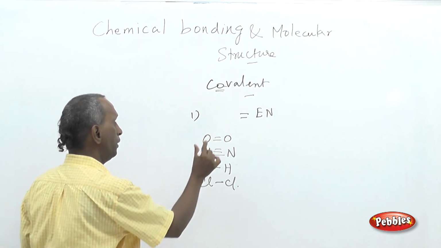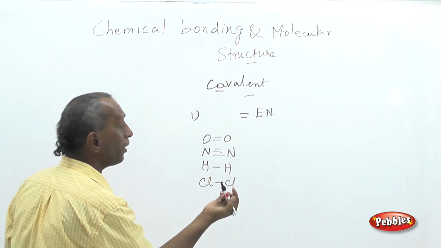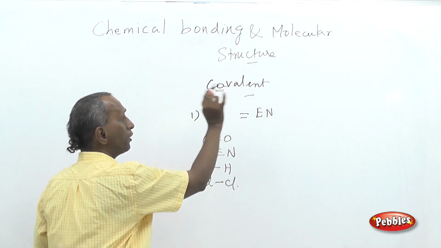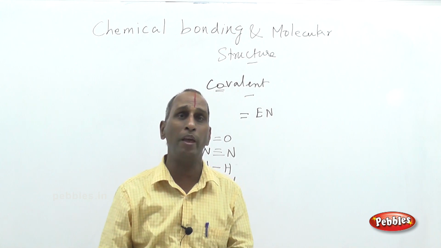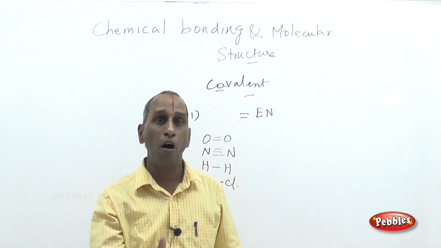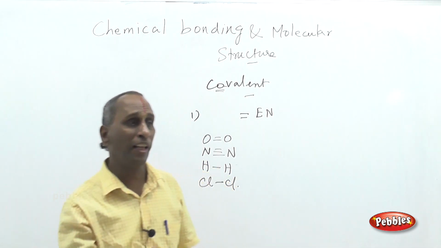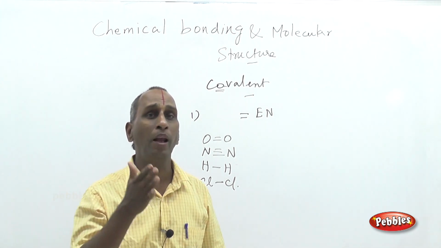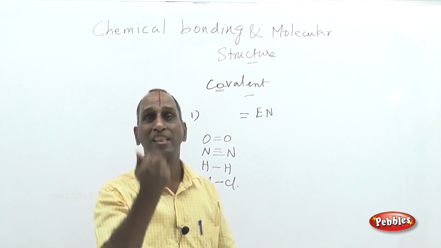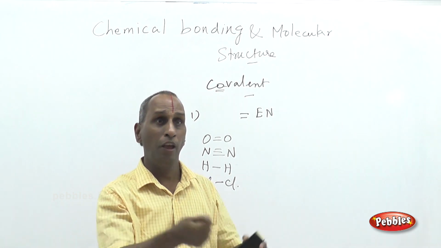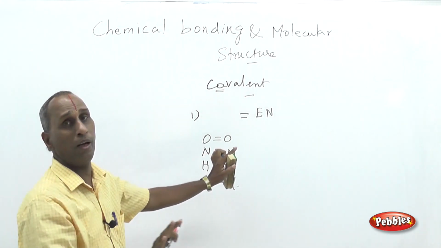If it moves towards one of the atoms, it will become ionic. Here we are discussing covalent. A covalent bond is considered formed when the participating atoms have equal electronegativity, equal power of attraction of the central electron pair towards it. If they equally attract, it will be only at the center.